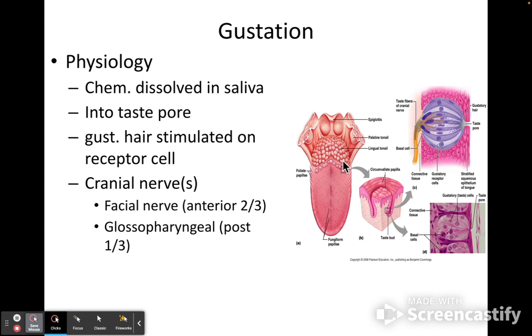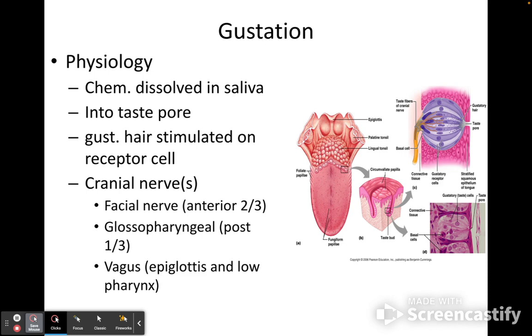The back third of the tongue is going to be innervated by the glossopharyngeal cranial nerve. And then the very back structures here, including the epiglottis, are going to be controlled by the vagus nerve, the wandering nerve, cranial nerve number 10, that cruises beyond the head and neck region.